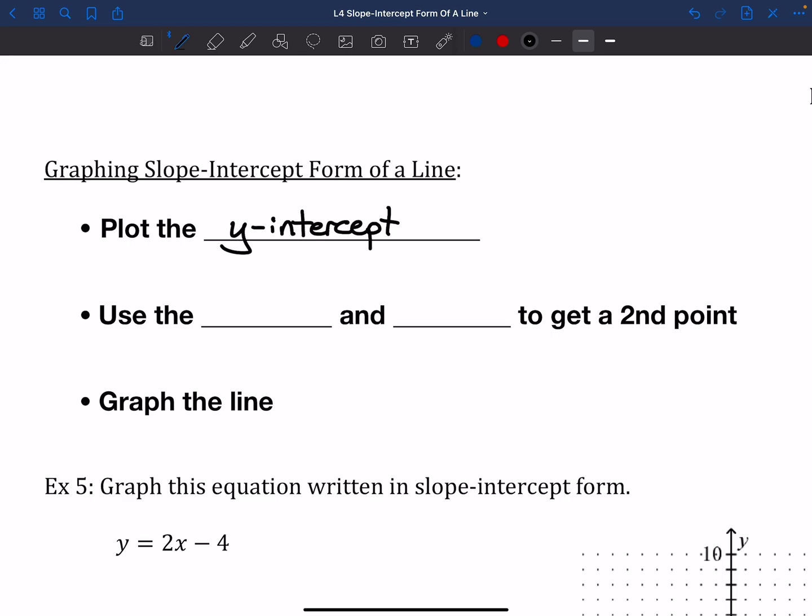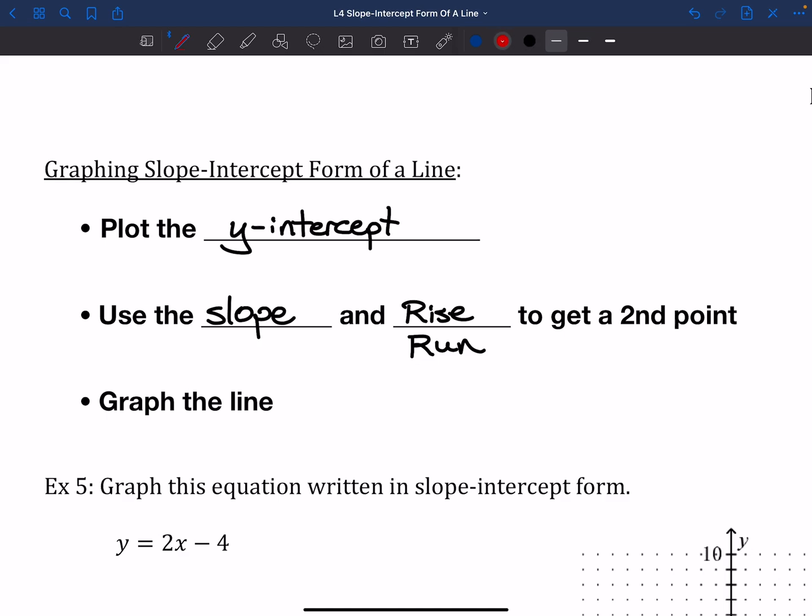After that, we need to use the slope, and we're going to do rise over run to get a second point. So to graph the line, which is our third step, we need 2 points so that we can connect them with the line. So plot the y-intercept first, figure out what your slope is, and then rise over run to get a second point.